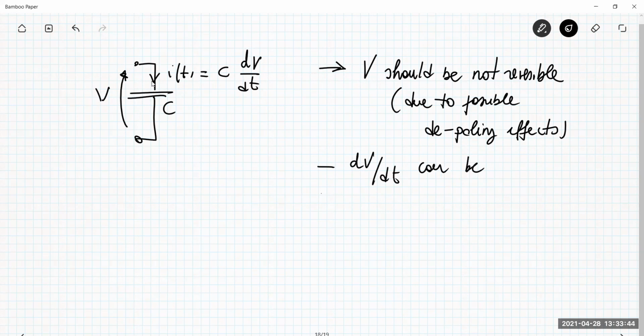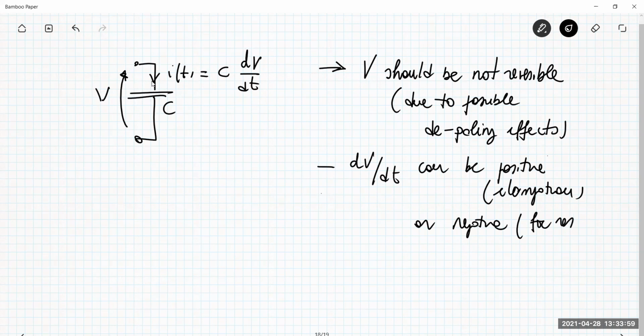Positive, say, for elongation, or negative for returning to the rest position. So what does it mean? That the current I flowing through this capacitor can be positive or it can be negative.